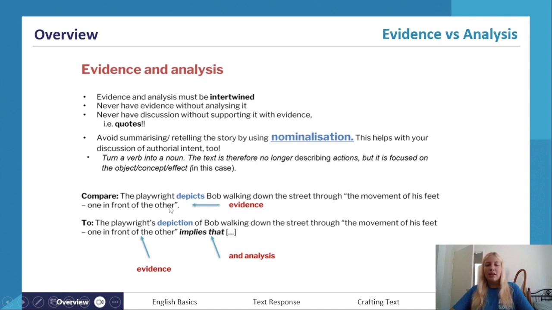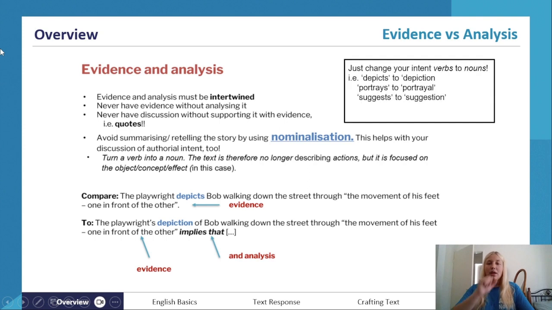By nominalizing it, we can't end our sentence there. It makes it grammatically impossible to finish the sentence there. So we've added implies that, and that forces us to analyze and write our analytical idea. Really good strategy. A few more examples here. You can change your author's intent verbs to nouns: depicts, a depiction; portrays, a portrayal.